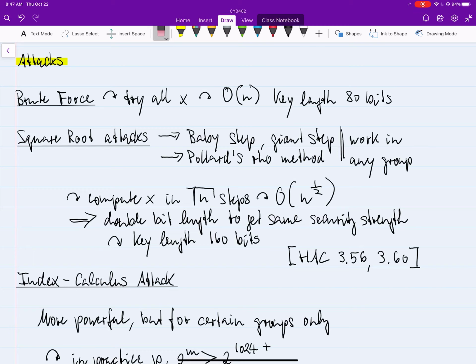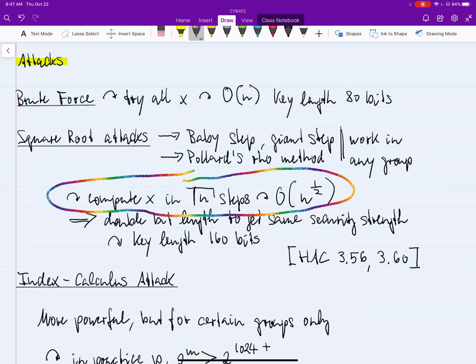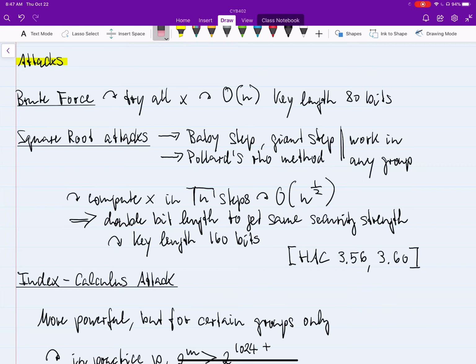So fundamentally, what these attacks do is they compute x in a square root of n steps, which basically cuts the key length in half. Again, our standard response is to make up for the key length by the same factor. So we double the bit length to get the same security strength that we had before with 80 bits.